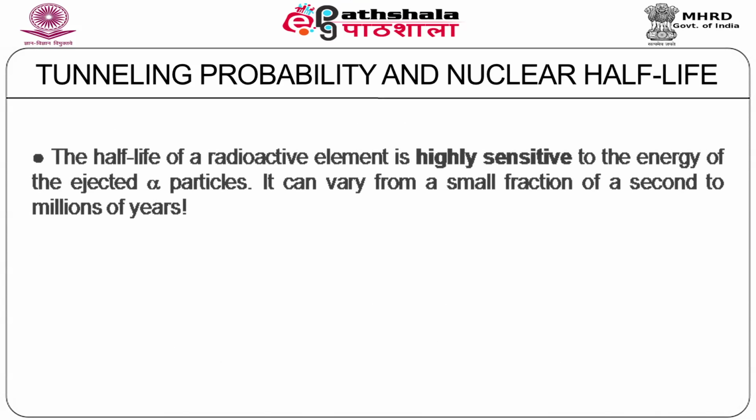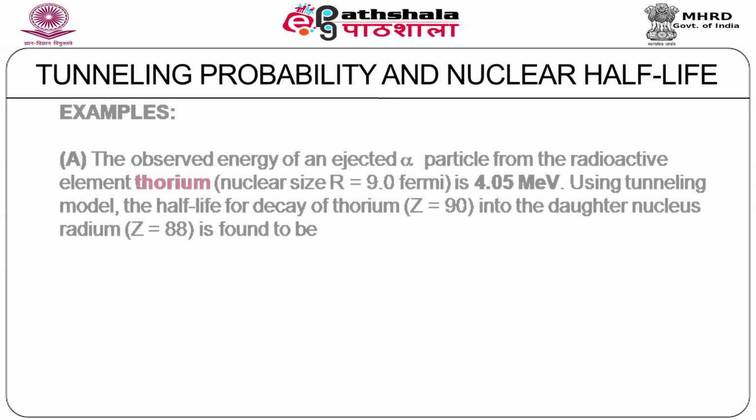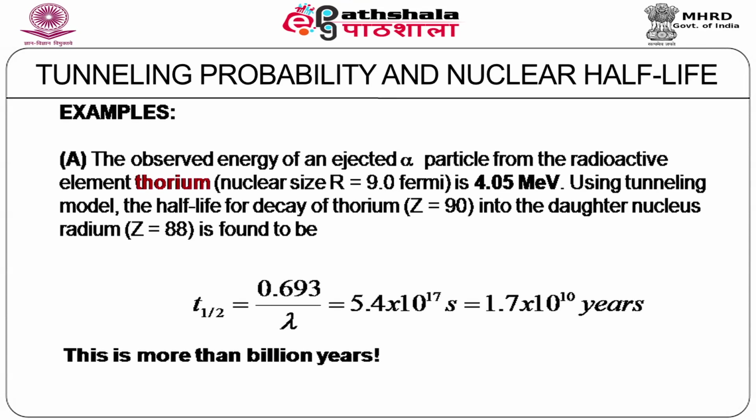And finally, we would like to mention that the half-life of a radioactive element is highly sensitive to the energy of the ejected alpha particles. As I mentioned before also, it can vary from a small fraction of a second to millions of years. So let us take a few examples now. Let's take the example of the radioactive element thorium.